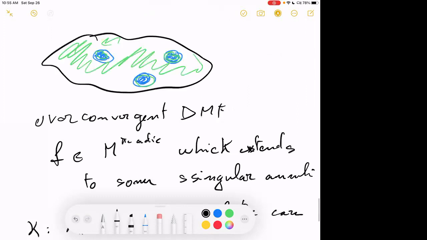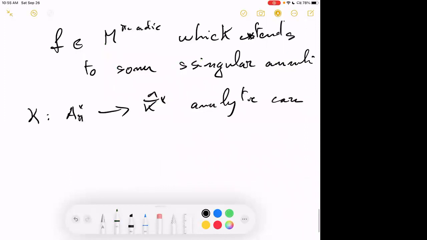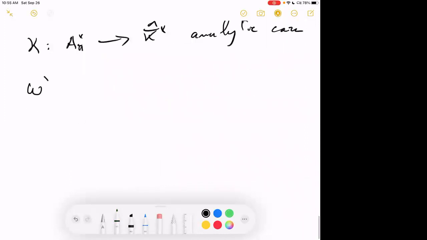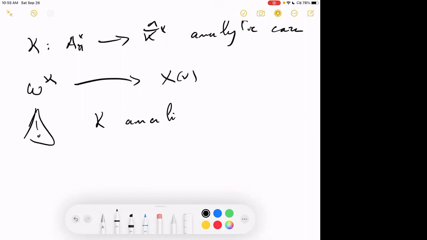And let me just denote by XV this new overconvergent space. And what we would like to do is to construct a sheaf omega kappa over my XV. And the big problem here is that kappa analytic implies that kappa is an element of Z_p.